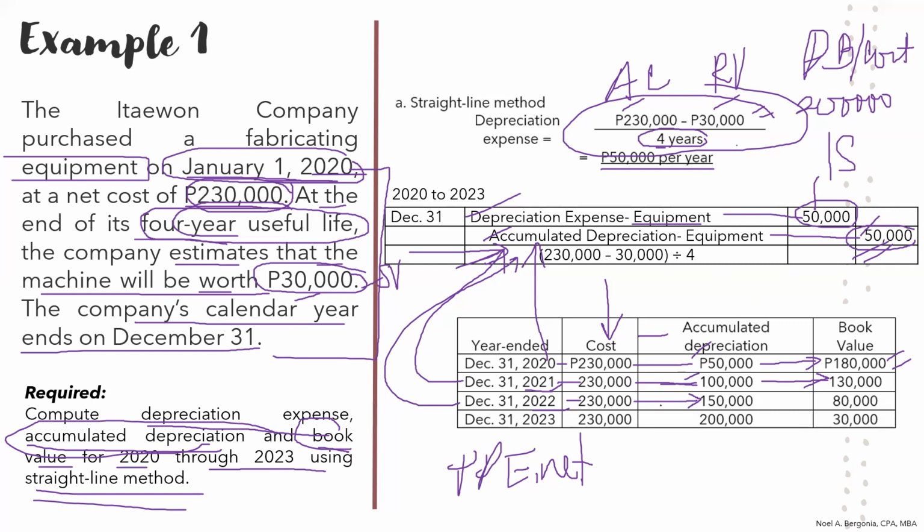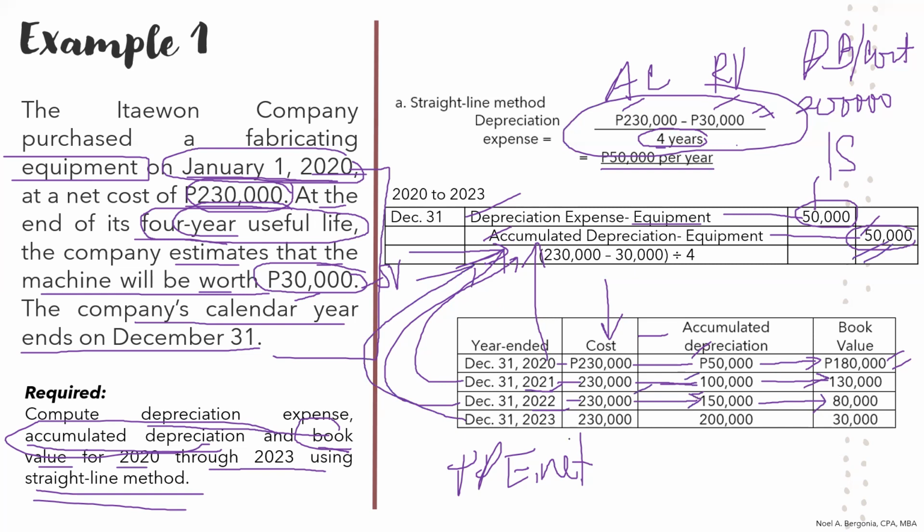Okay? And then 230 minus 150,000, then ang value na lang po na natitira from your property, plant, and equipment is 80,000.